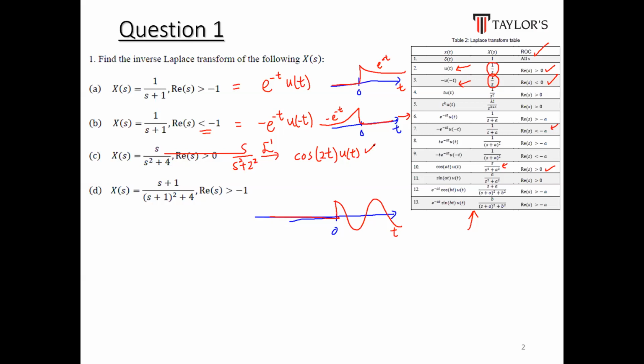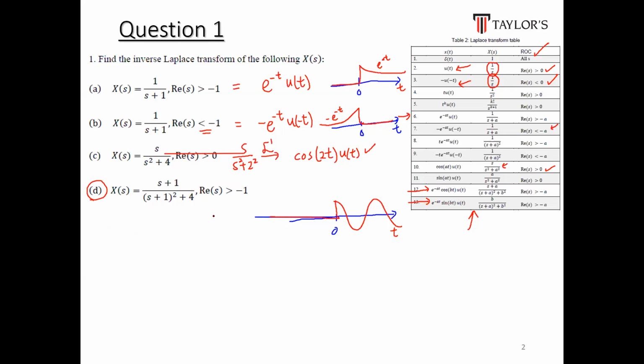Now let us look at question D. This question D requires you to use frequency shifting. But because in the table that I provided for you, I have also included frequency shifting over here, you can just directly use the formula here.